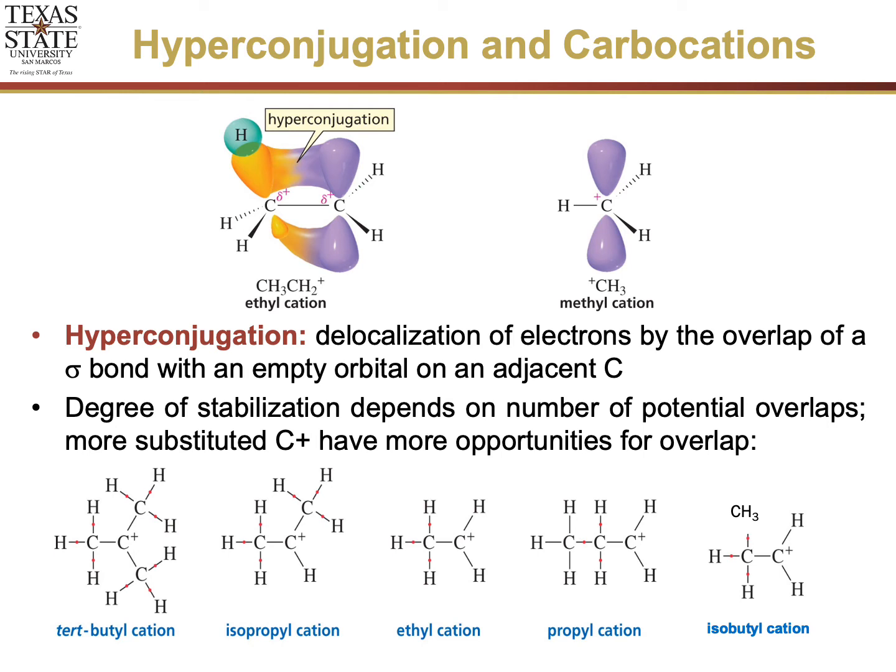If you look at the methyl cation, there is no possibility of hyperconjugation because there's no sp3 hybridized orbital allowed to overlap with it. By looking at the number of different bonds available to do the hyperconjugation, the more hyperconjugation available, the more stable it is. Therefore, tertiaries are always more stable than secondaries, because if you look at that tertiary, it has 9 bonds possible for hyperconjugation. The isopropyl only has 6 bonds for hyperconjugation. The ethyl only has 3 bonds for hyperconjugation, etc.